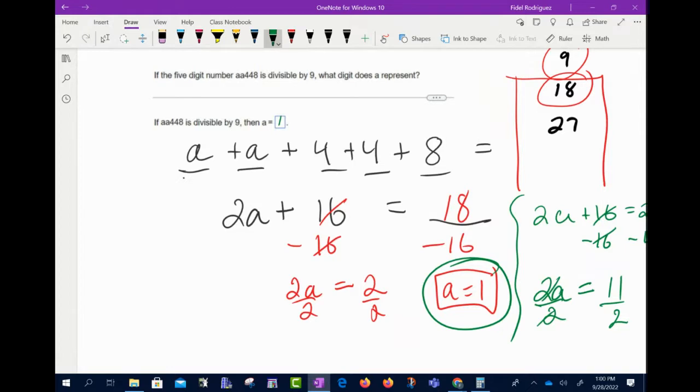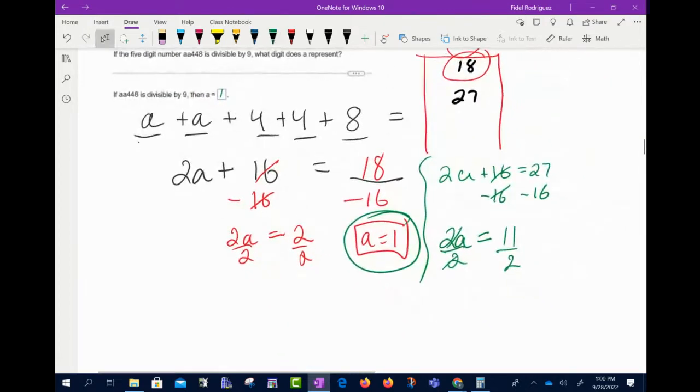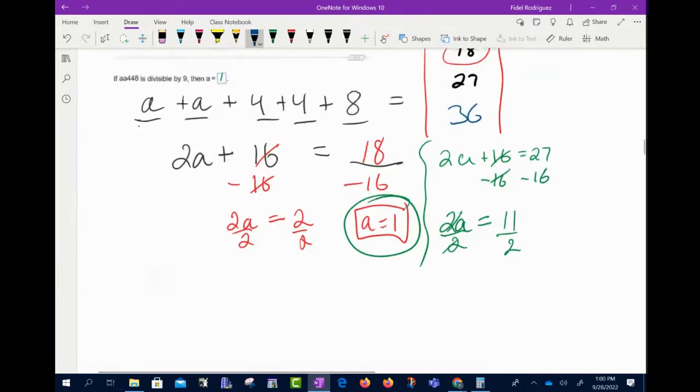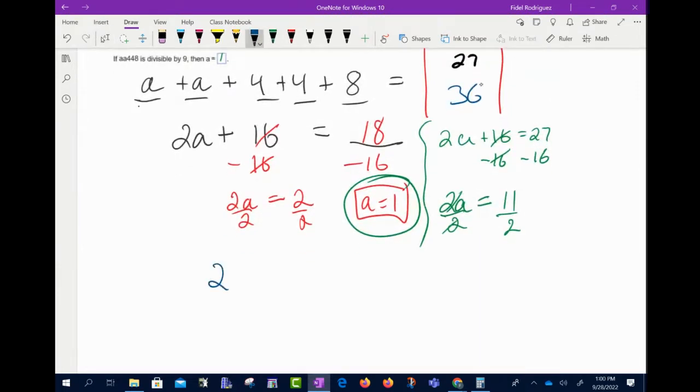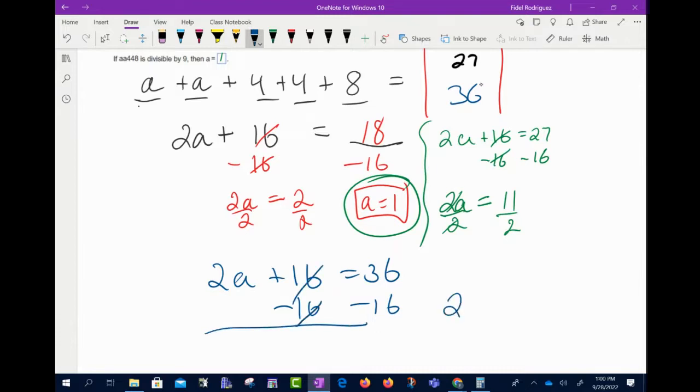And the same thing would happen with 36. I just want to show you real briefly, because sometimes people ask, why couldn't we use 36? I think it's a reasonable question, so let me show you. If I did 2A plus 16 equals 36, and I subtracted 16 on both sides, 36 minus 16 would give me 20.